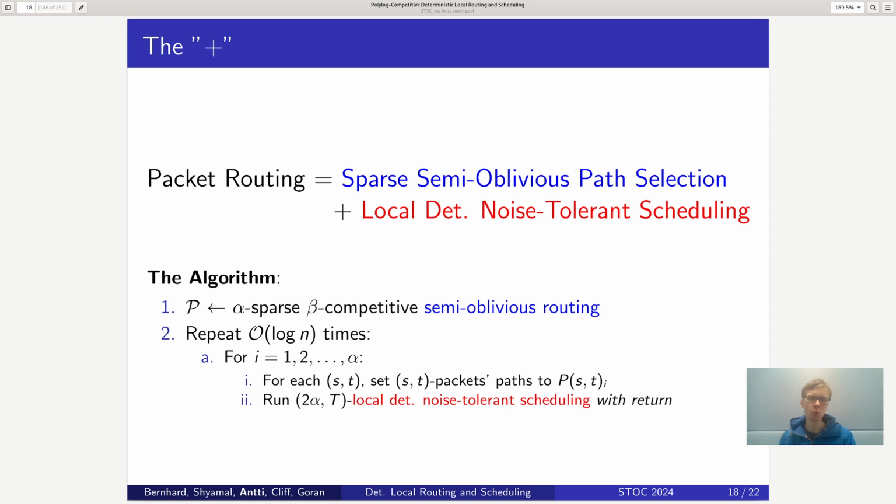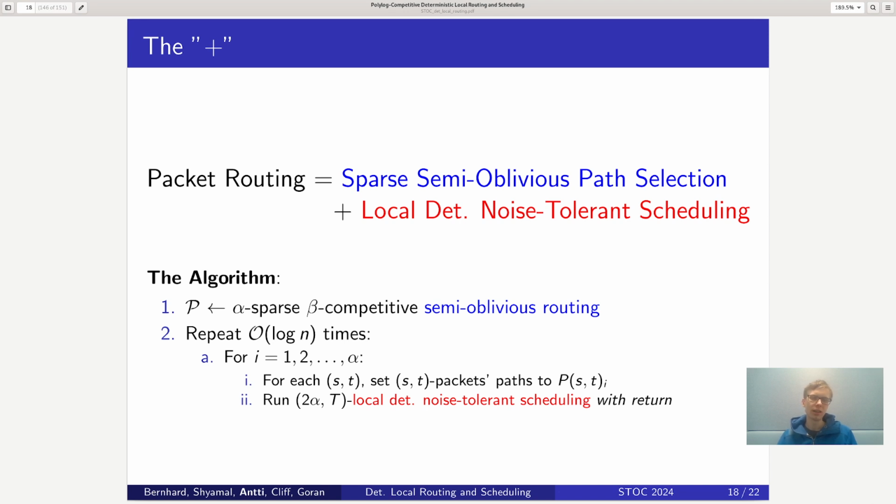Alright, so why does this route all of the packets? Well, if you look at the good subset of paths guaranteed by semi-oblivious routing, that subset can be scheduled with low completion time, notably with completion time at most big T. And since there are alpha paths between every source-target pair, the good subset has size at least 1 over alpha of the total path set.